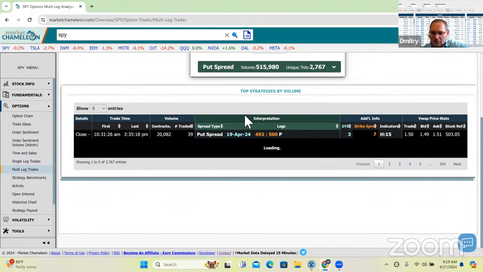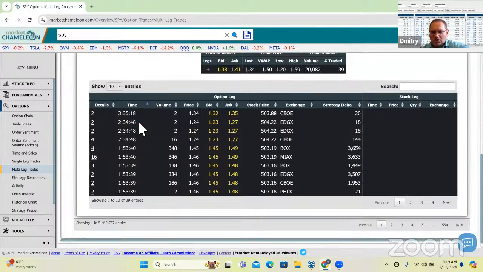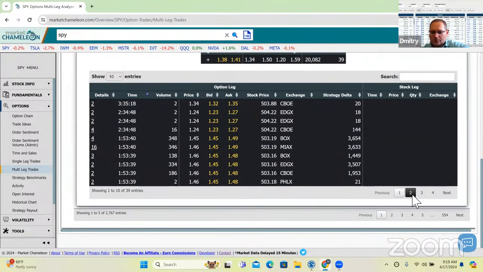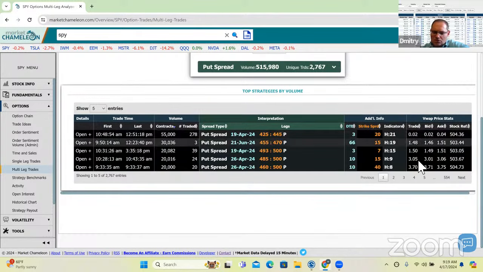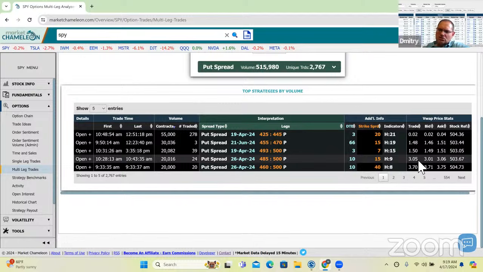So if I open it up here, let's just take this one. You can see that it's been trading a lot, right? Here you go. So looking at these, and I'm just eyeballing this right now, if I'm looking for a credit spread and I'm looking to sell it, well, right there, I'm hovering over one that looks like it's trading closer to the ask price.